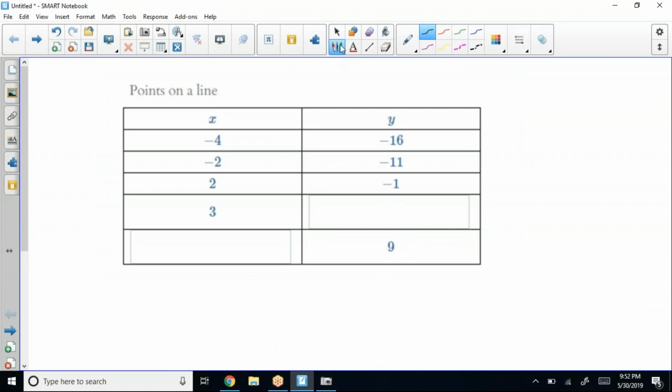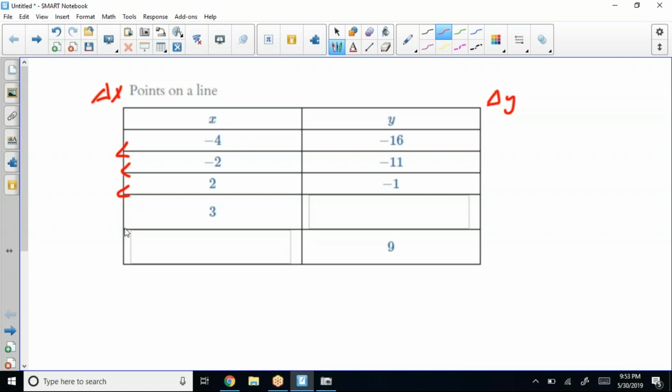You first got to analyze the table: change in X and change in Y. So you are looking to see how my X values are changing. If they're increasing, that's positive. If they're decreasing, that's a negative change.